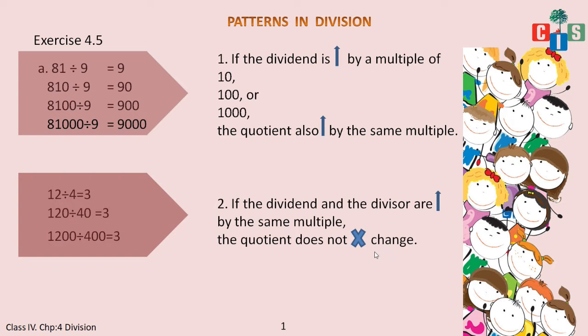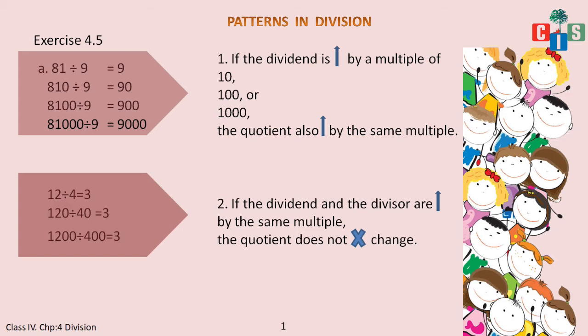What we learned from this slide is that when we have 1 zero in the dividend, we will put 1 zero in the quotient. And when we have the same number of zeros in the dividend and the divisor, we will cut the same number of zeros and then perform the division.